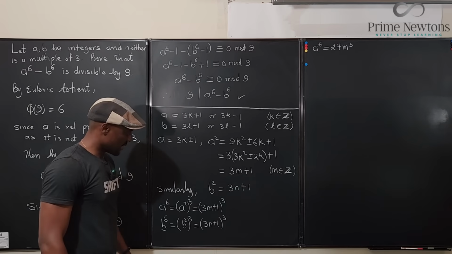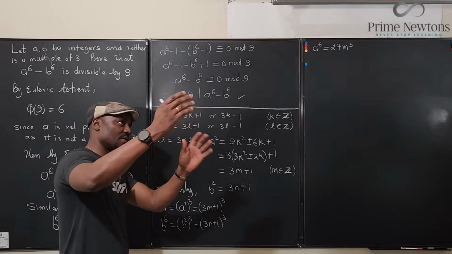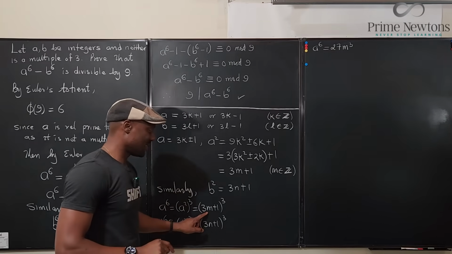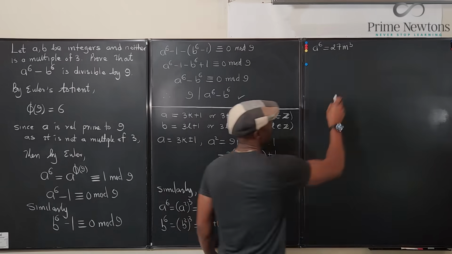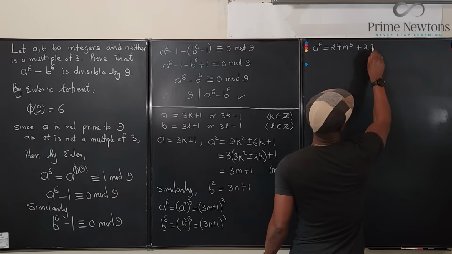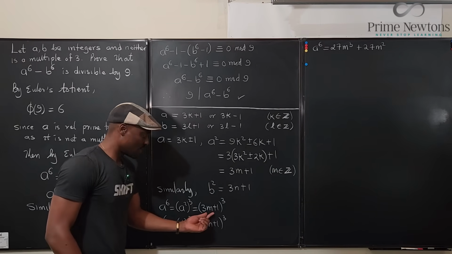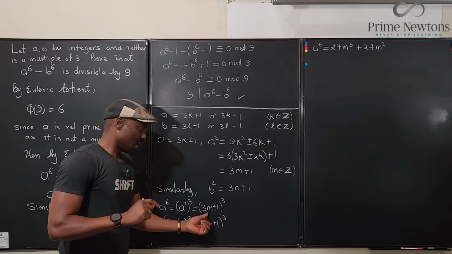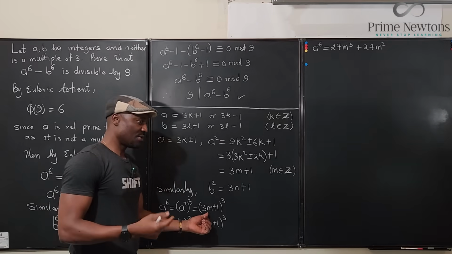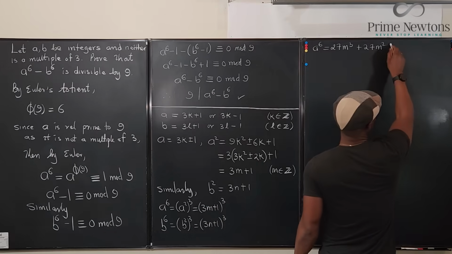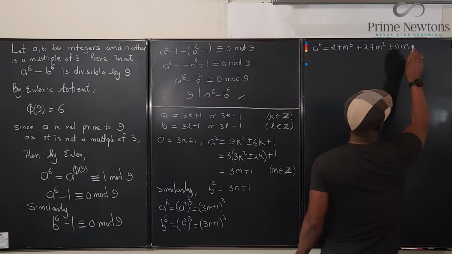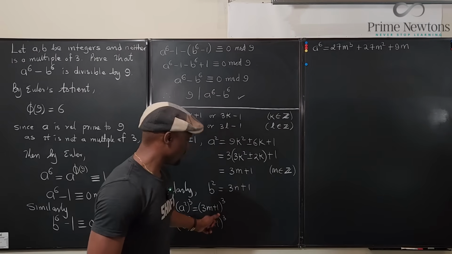The second thing is going to be 3 times the square of this, that's again 27m squared plus 27m squared. Then the next one is going to be 3 times 3m. That's going to be 9m plus 9m. And then the last one is going to be just 1.